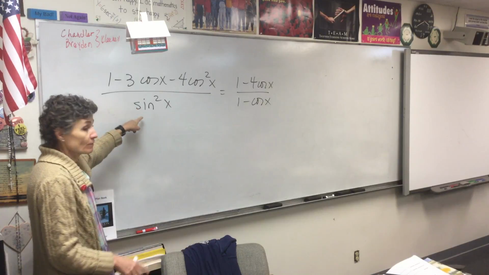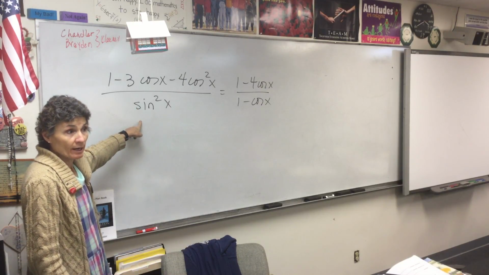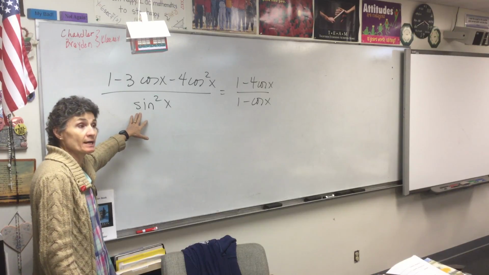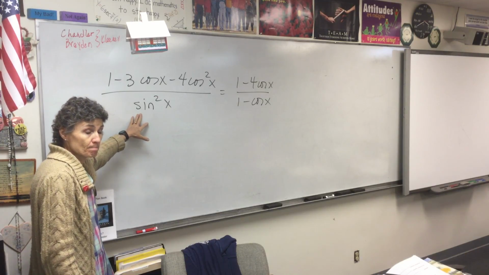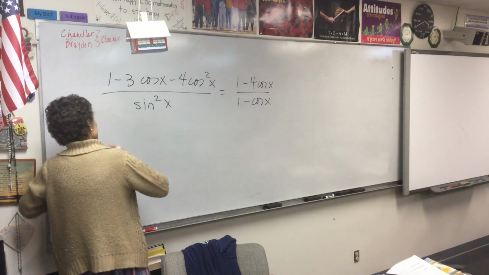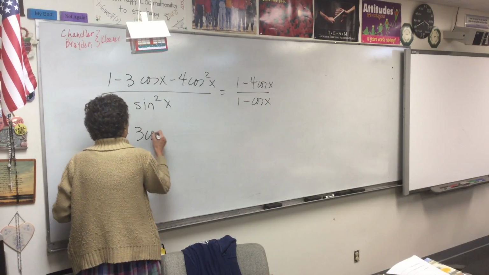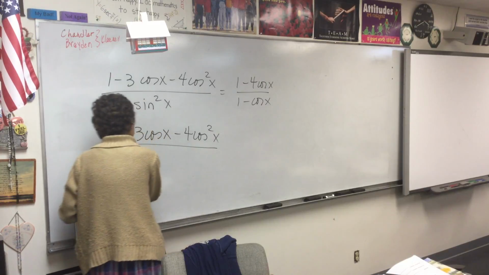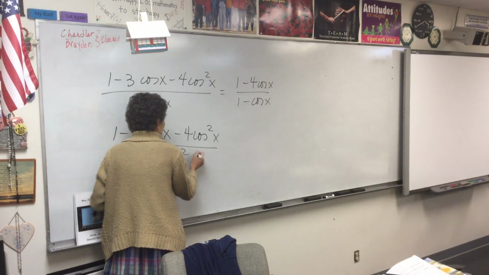Over here, you got a sine squared. Now that is a real easy fix because we know sine squared is 1 minus cosine squared. So that would be what I would consider an absolute no-brainer. We need to be able to see that.